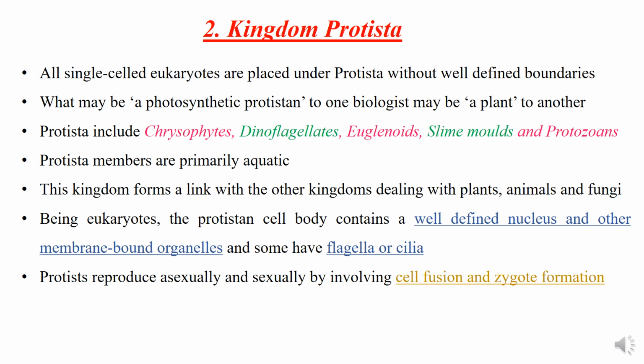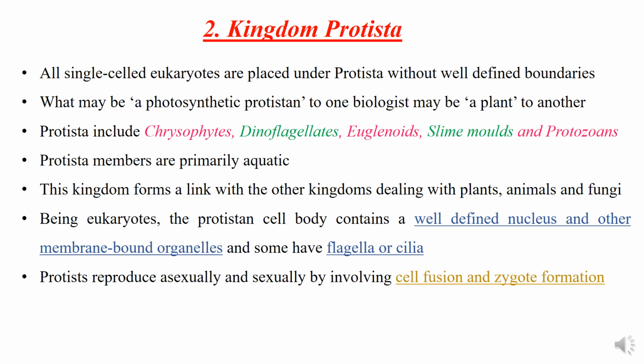Protista members are primarily aquatic. They live in an aquatic environment, which may be marine or freshwater. And this is the link between Monera and higher organisms like fungi, Plantae and Animalia. It connects the primitive and higher organisms, so we have to remember that Protista is a link between the lower organisms and higher organisms.